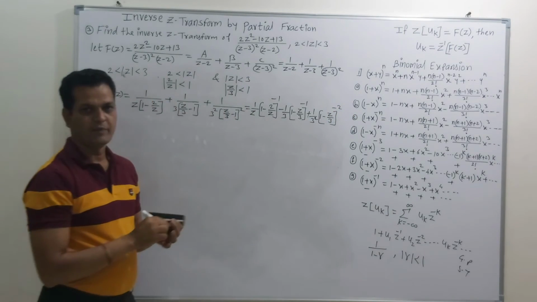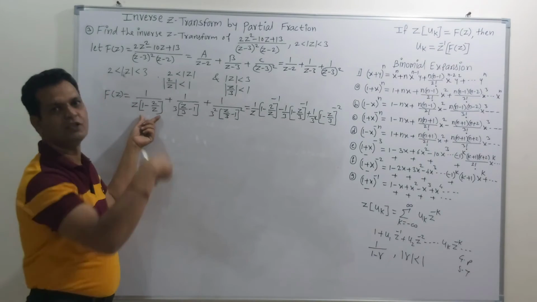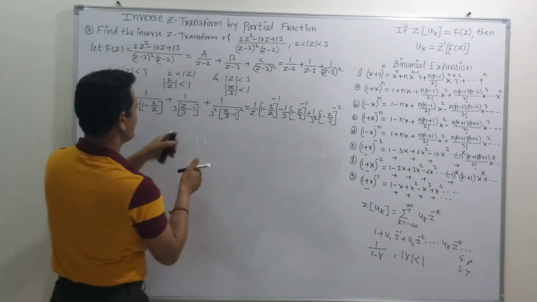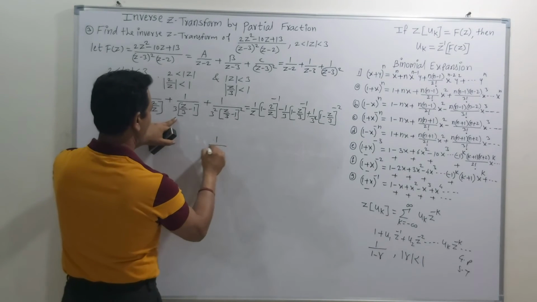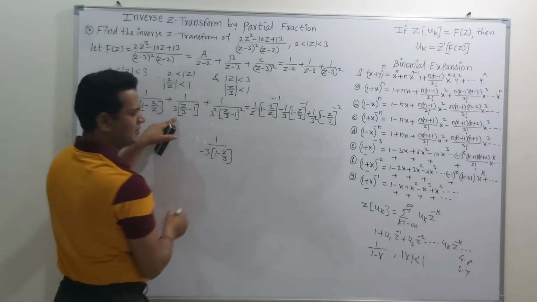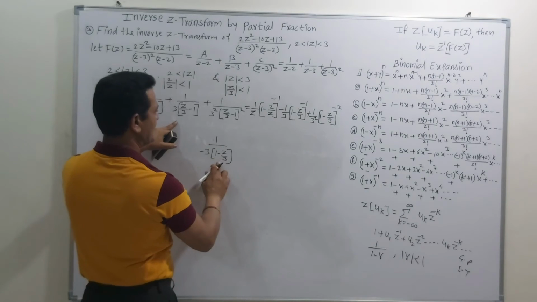Once again, please try to understand this concept. We write this as 1 upon z, then after taking this in the numerator, we get 1 minus 2 upon z raised to minus 1. For this term, we can write this as 1 upon 3 with minus sign, then 1 minus z upon 3. If we take this in the numerator, we get minus 1 upon 3, 1 minus z.